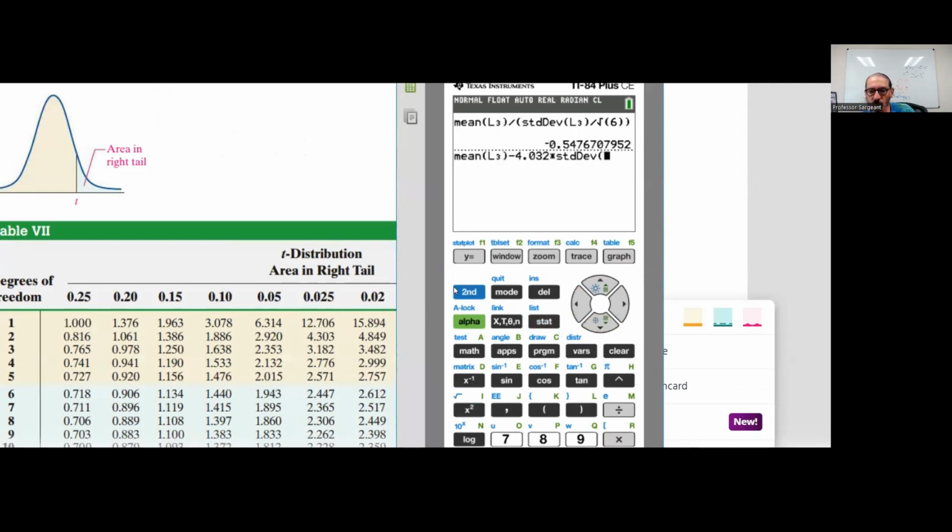Again, that was in list 3. Notice how I'm closing that after I type list 3. And then our sample size was 6.